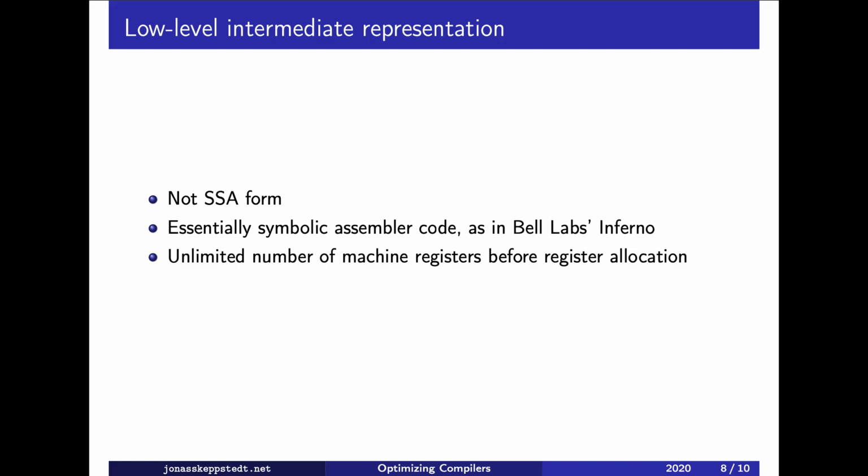Okay, and the low-level intermediate representation, which is not in SSA form, is essentially symbolic assembler code, as in the Bell Labs Inferno virtual machine. And it has an unlimited number of symbolic machine registers, and then they use register allocation to map them to real registers.